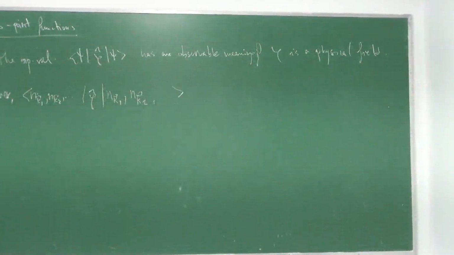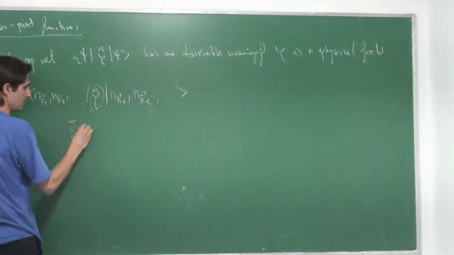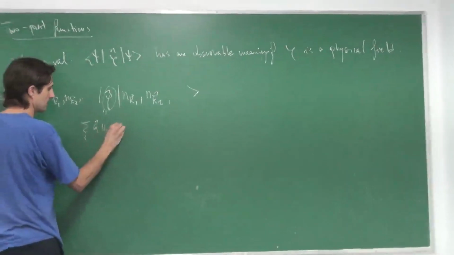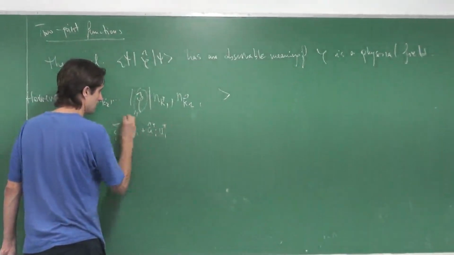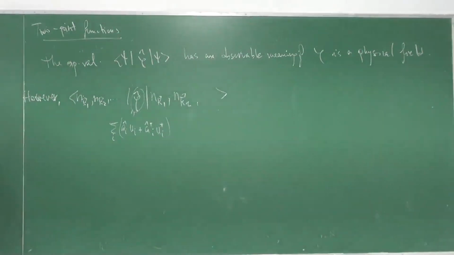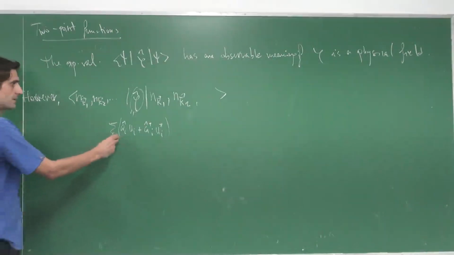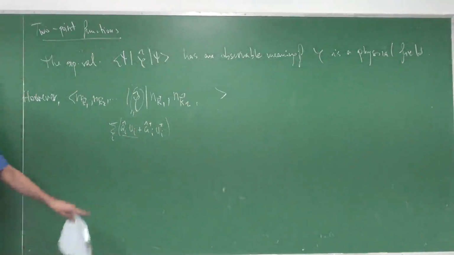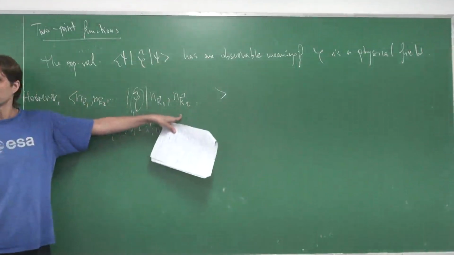So you replace the value of phi by this. And now you act on the state with these operators. So take this one. This one is just going to remove one particle of momentum i from this state.